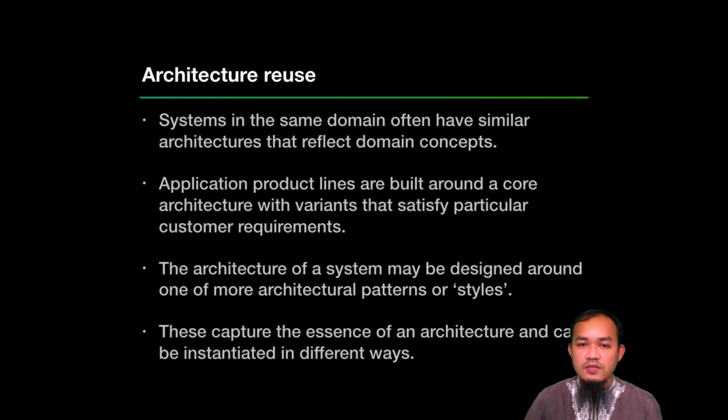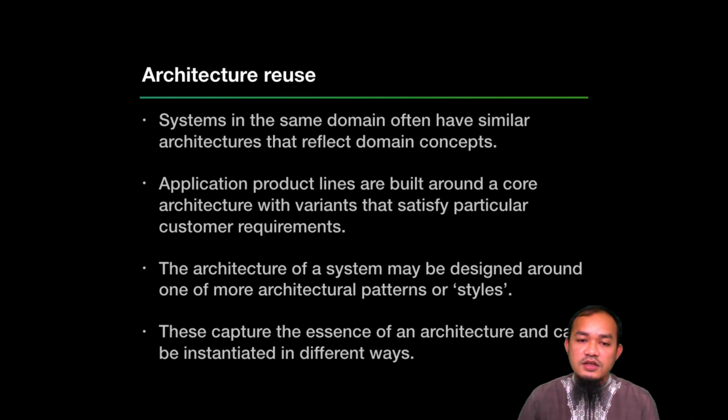Systems in the same domain often have similar architectures that reflect domain concepts. If you are talking about applications on a computer, they share the same concepts. If you are talking about web applications, they share the same concepts. So the architecture can be reused within the same domain. Application product lines are built around a core architecture with variants that satisfy particular customer requirements.